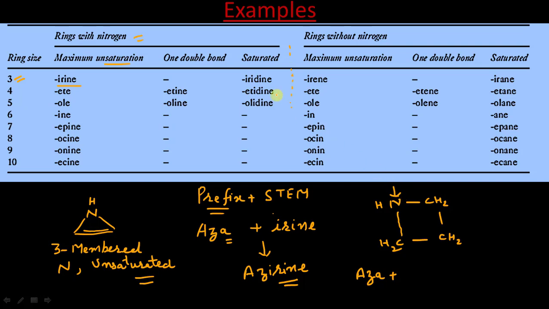That means we will concentrate on this left hand side of the table. 4 membered saturated comes here, etidine, aza plus E T I D-I-N-E. Now E is vowel, so we have to drop this A.